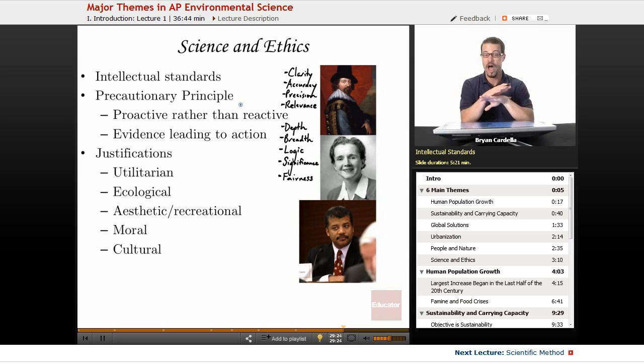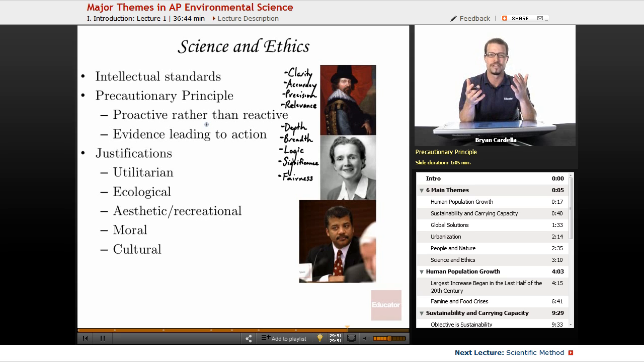This is about not waiting for overwhelming evidence in terms of crazy heat worldwide, flooding worldwide, famine worldwide. Once we've reached that point, it's pretty much too late, or almost too late. The precautionary principle is like, hey, let's do something now. And this has been around for decades. So it's about being proactive rather than reactive.